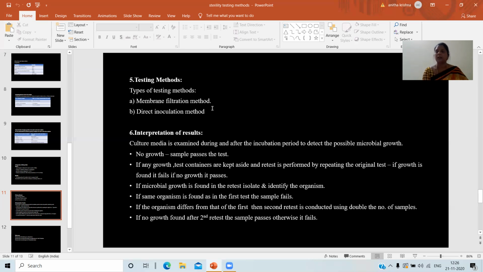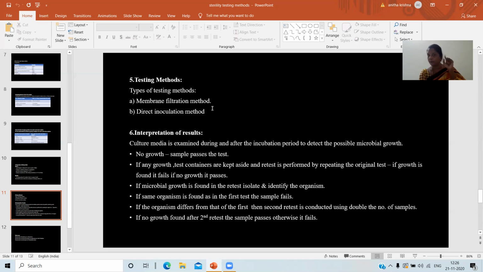If there is any growth of the organism in the media, keep that aside and repeat the test with the original sample. If there is growth again, then you cannot use it. If there is no growth, then you can say that it has passed.